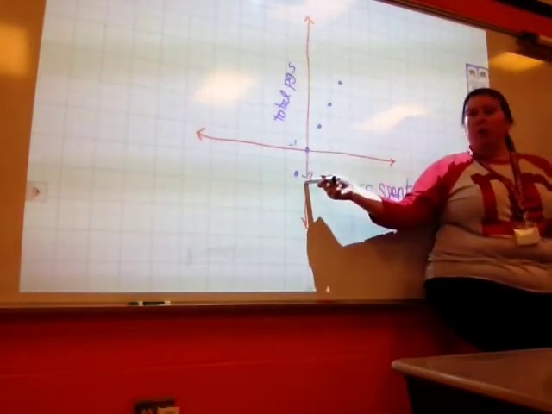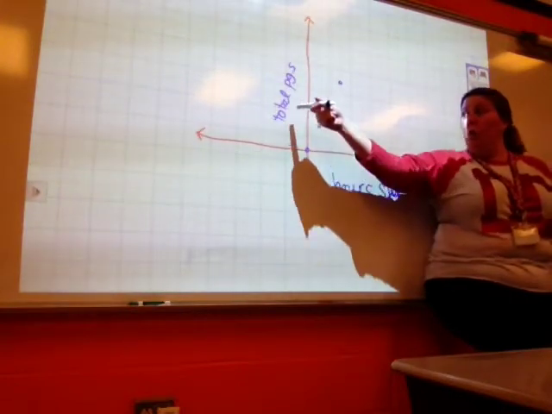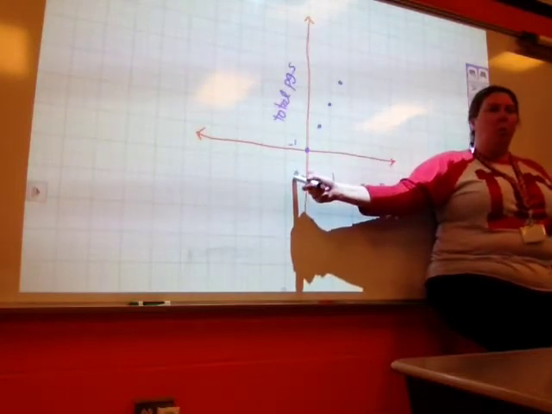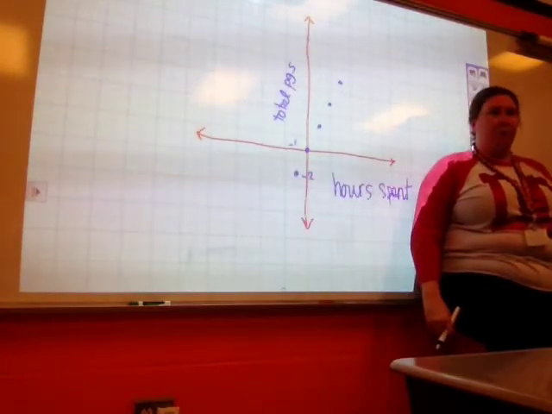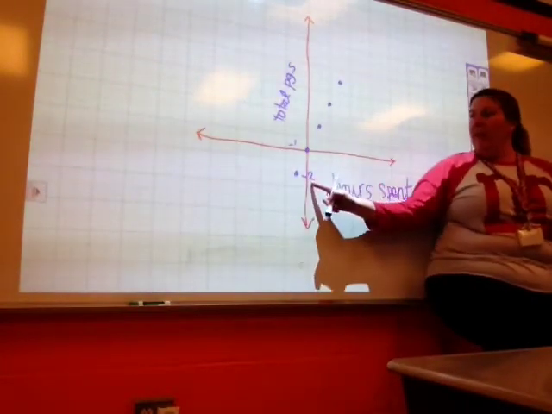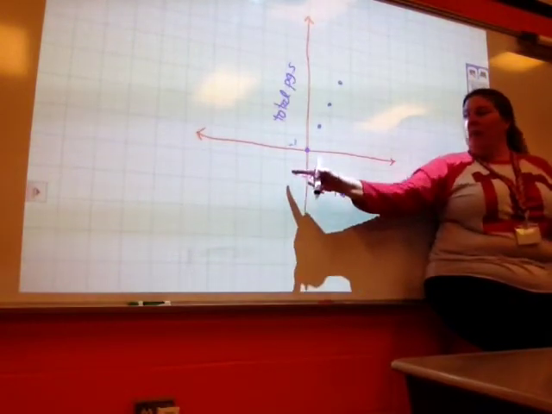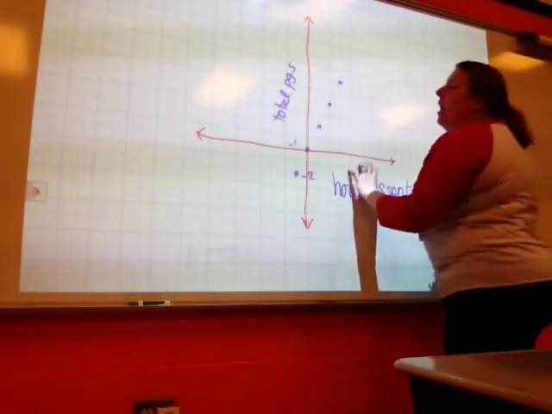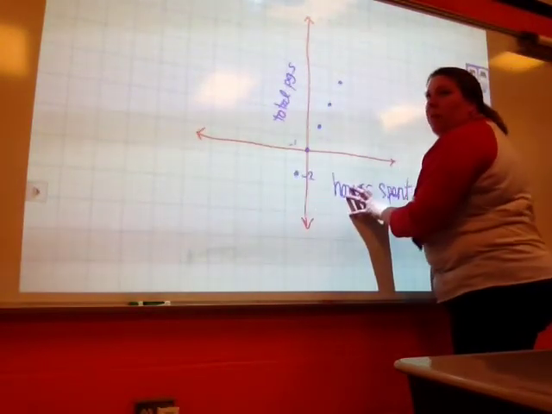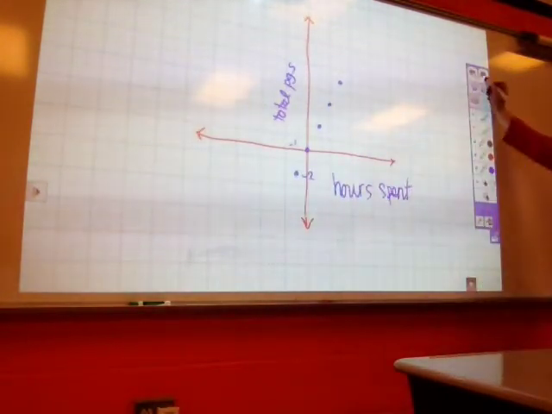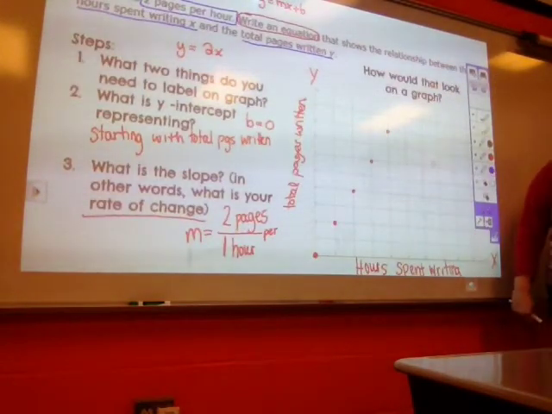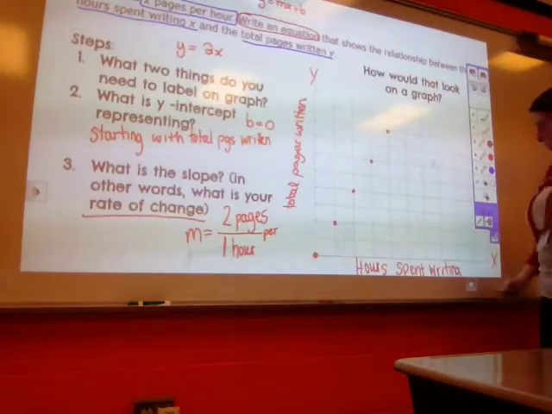I've lost 2 pages for every 1 hour I've written. Can I have a negative amount of pages? Can I have a negative amount of hours? No. So would this line extend down into the negatives? No. Which is why you could just make the first quadrant. Does that make sense? Okay, so take your ruler, please.